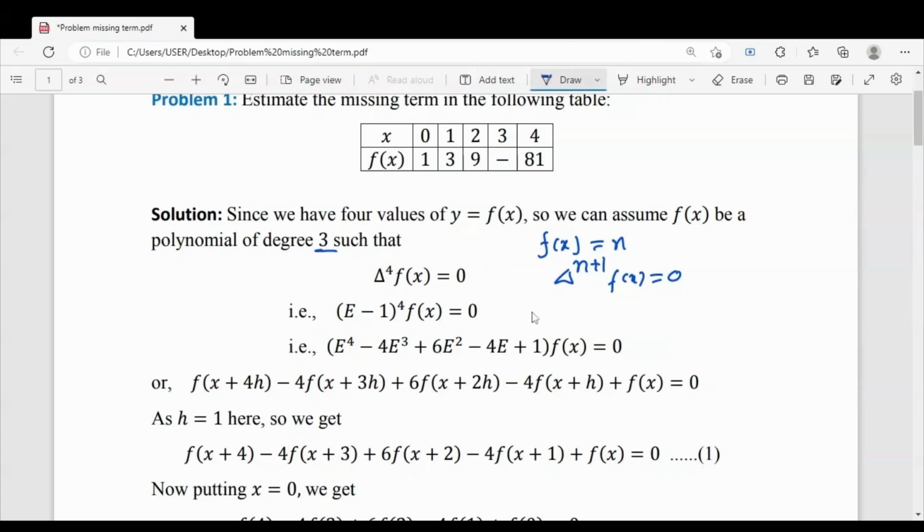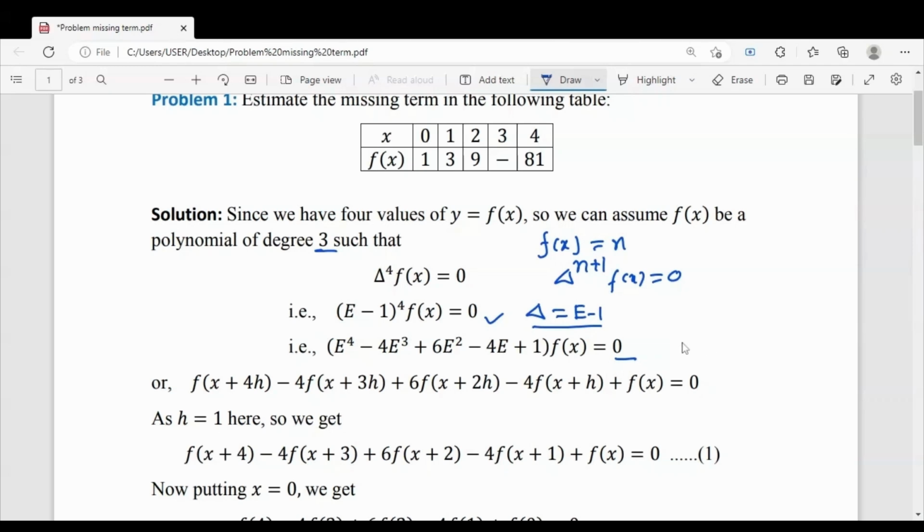And also we know that delta equal to E minus 1. Putting this relation in this equation, we get (E minus 1) whole to the power 4 f(x) equal to 0. Now we expand this binomially: E to the power 4 minus 4E cube plus 6E square minus 4E plus 1 into f(x) equal to 0.